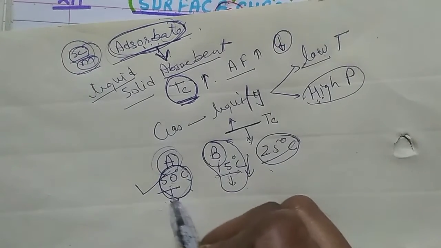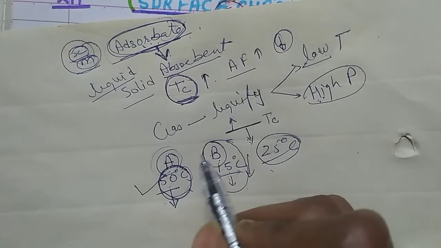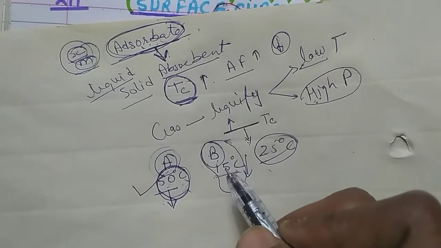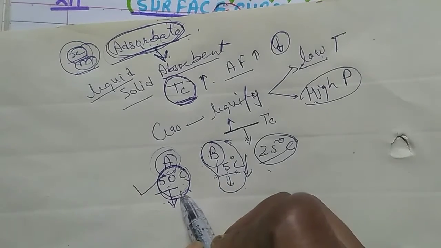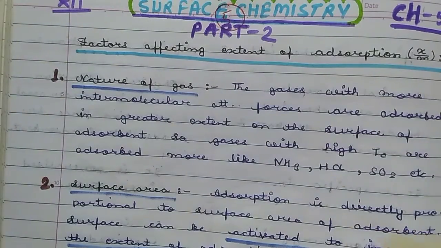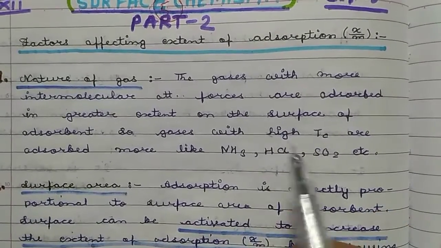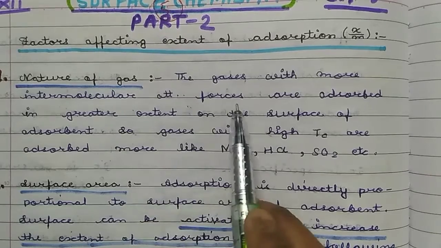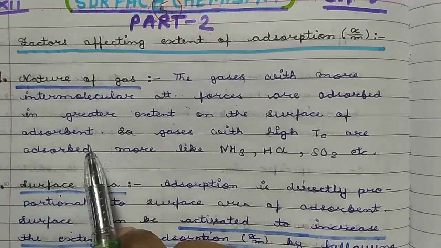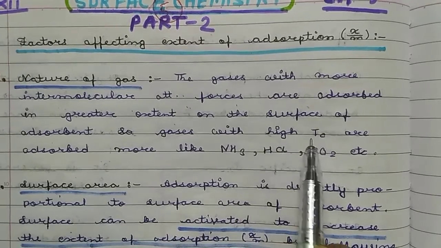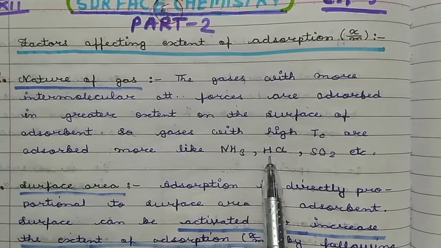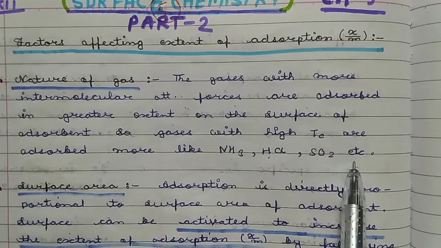So gases with high critical temperature can be liquefied easily, which means there are more attraction forces, and more attraction forces represent a greater extent of adsorption. So the gases with more intermolecular attraction forces are adsorbed to a greater extent on the surface of the adsorbent. So gases with high Tc are adsorbed more, like ammonia, hydrogen chloride gas, and SO2, etc.